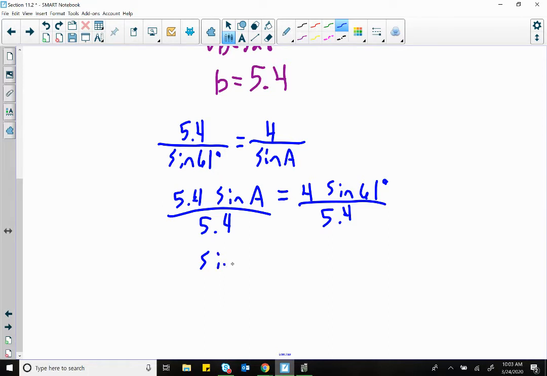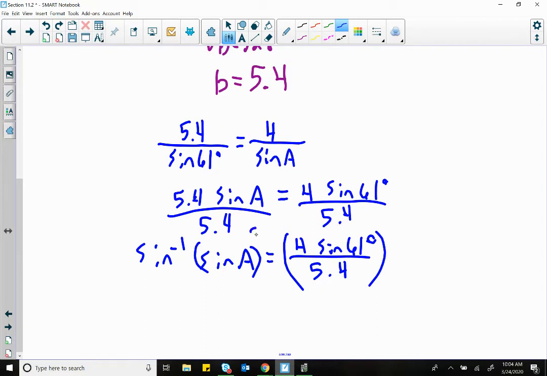So sine A equals 4 sine 61 degrees over 5.4. How do I get the A by itself? Inverse sine. So sine inverse, and that's what we're going to plug into the calculator.